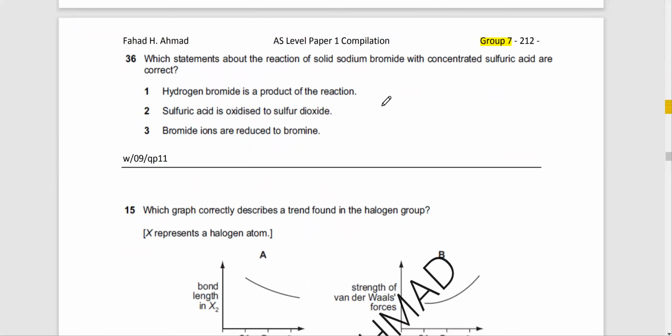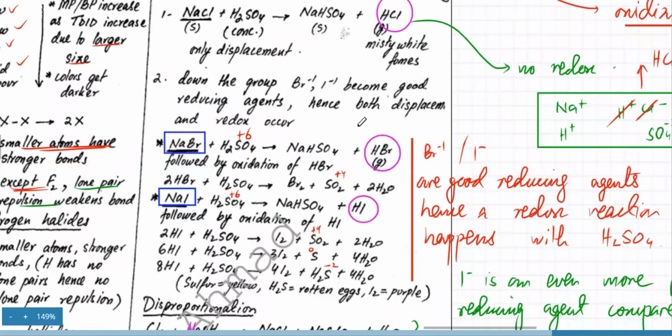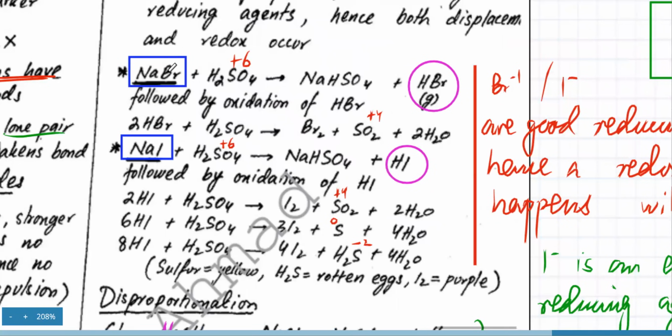Which statements about the reaction of solid bromide with concentrated sulfuric acid are correct? We can have a look at the reaction. You're going to get HBr first. NaBr with H2SO4 gives HBr, and the HBr would be oxidized by H2SO4, which acts as an oxidizing agent to form bromine and SO2.